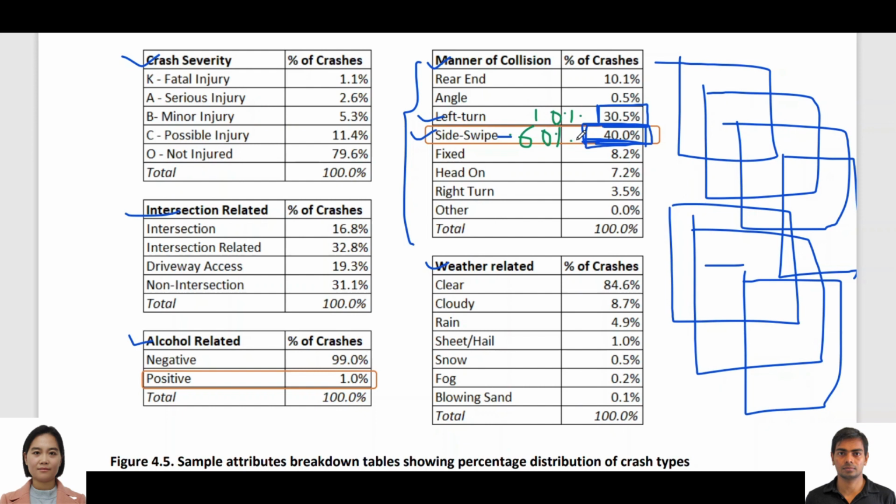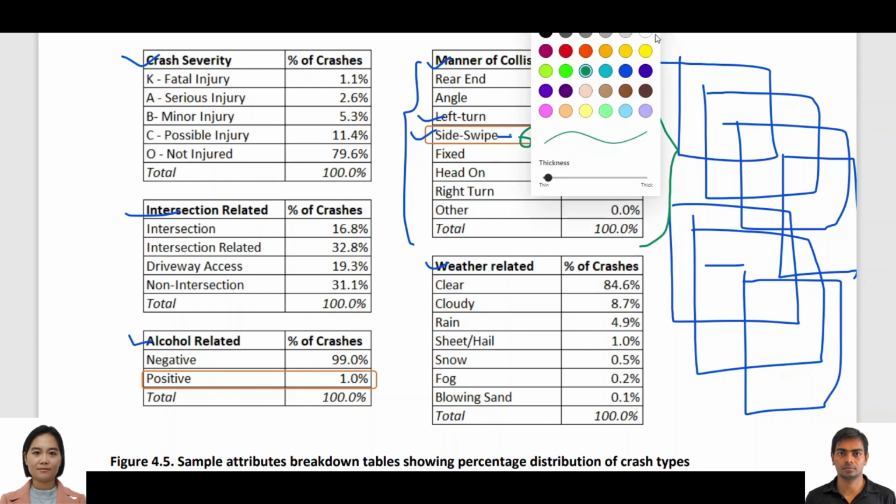So in this case, actually the sideswipe crashes are better than expected and left turn crashes are worse than expected. So this is an example where the percentage distribution can tell us some things but not everything. It can tell us there are more sideswipe crashes, but it does not tell us whether we should be expecting that number or not.